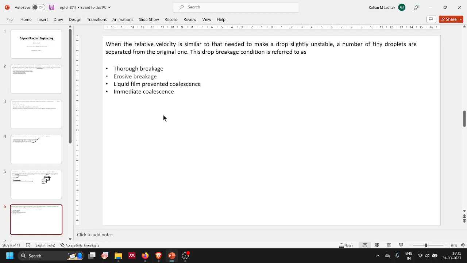So, the relative velocity is similar to that needed to make a drop slightly unstable, and a number of tiny droplets are separated from the original one.